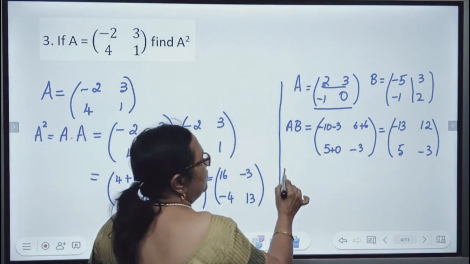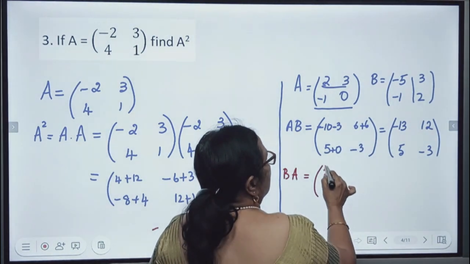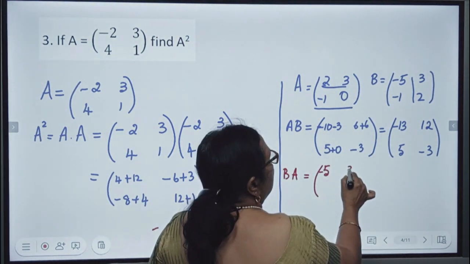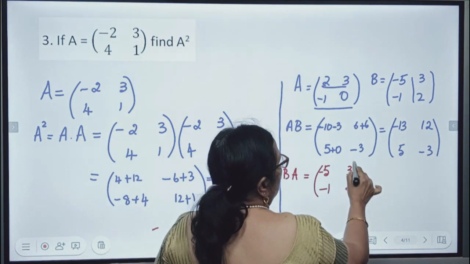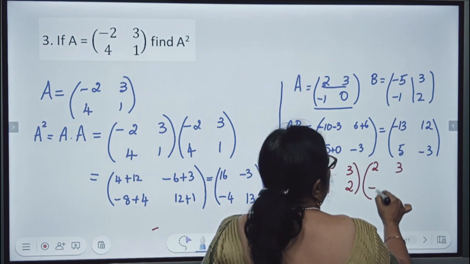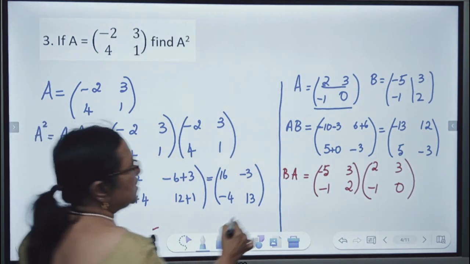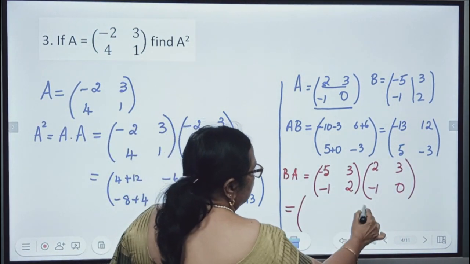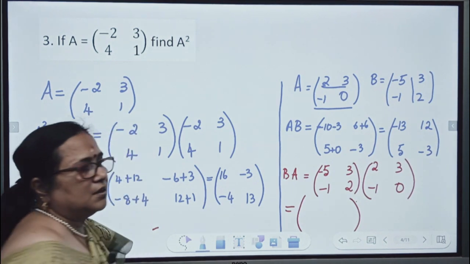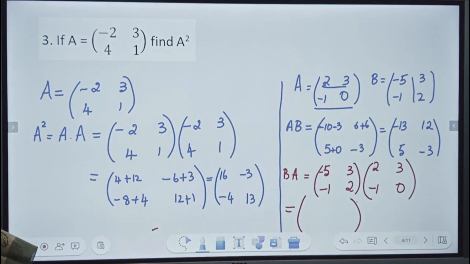Now BA will be [-5, 3; -1, 2] into [2, 3; -1, 0]. So let us see what is the product. The first element is first row, first column.